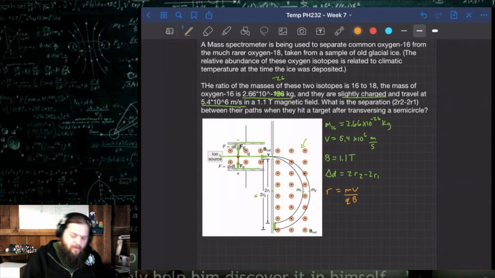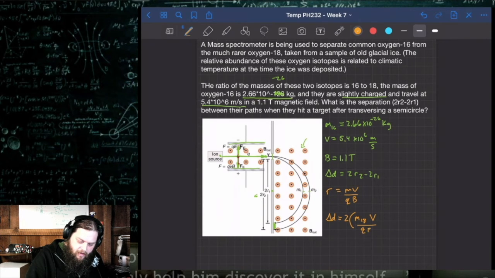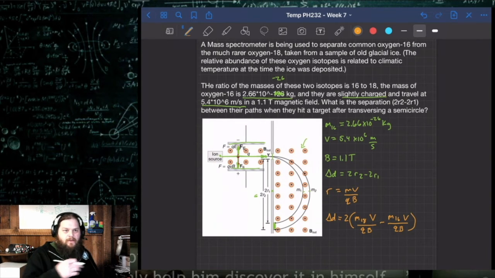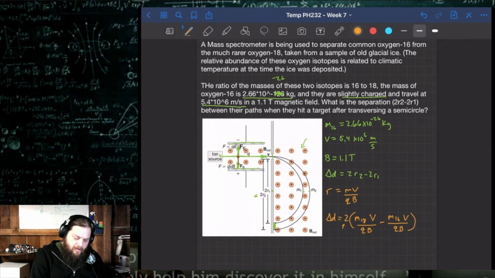So using that, we can say that delta D is going to equal 2 times the mass of the oxygen 18 isotope times the velocity divided by qB, minus the mass of the oxygen 16 isotope times the velocity divided by qB. So that's giving us the difference in the radius. And we have to do 2 because we're looking at the diameter, this whole distance here.